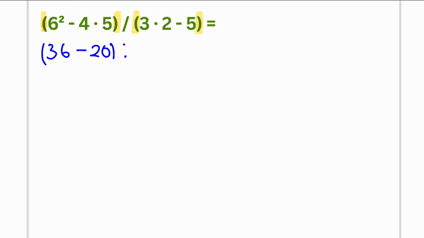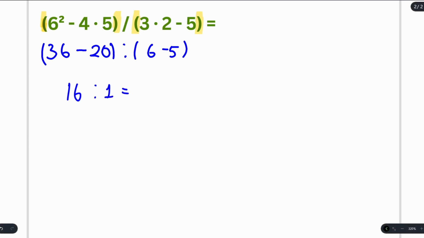Remember that the fraction line and the colon can both be used to represent division. 3 times 2 is 6 minus 5. Now here we're still inside the parentheses, so we should continue. 36 minus 20 is 16. Divided by 6 minus 5, which is 1. 16 divided by 1 is 16.